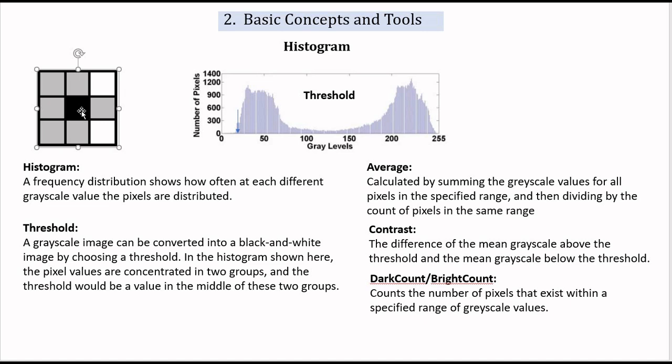So this black pixel in the middle is an isolated one and not connecting to any other black pixels. So this pixel is actually a blob. It is a one pixel blob.